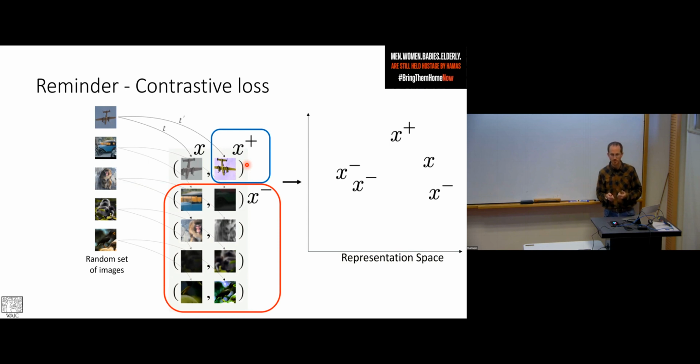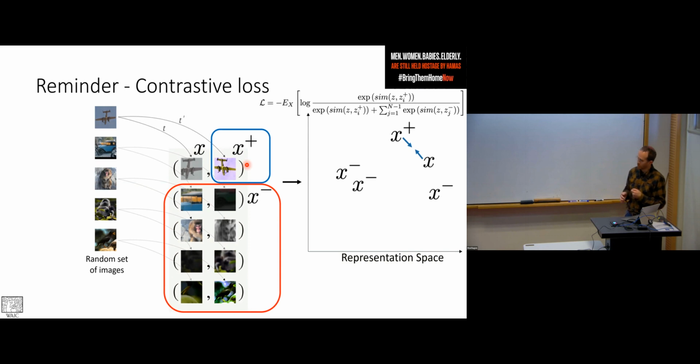And in a contrastive loss, what we are trying to do is pull together the representation of the image with the positive example. So we want the representation for this pair to be as similar as possible. And we want to push away the representations for all other images. This is contrastive.